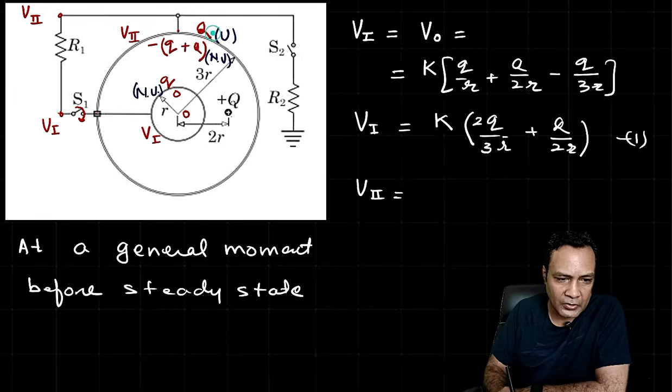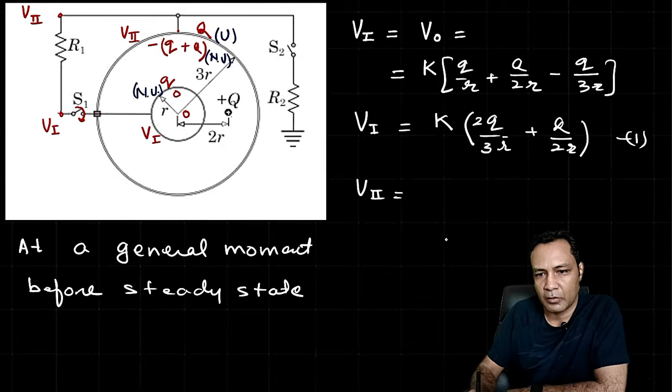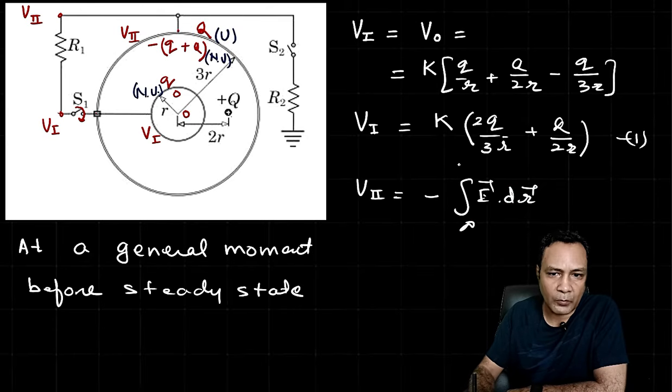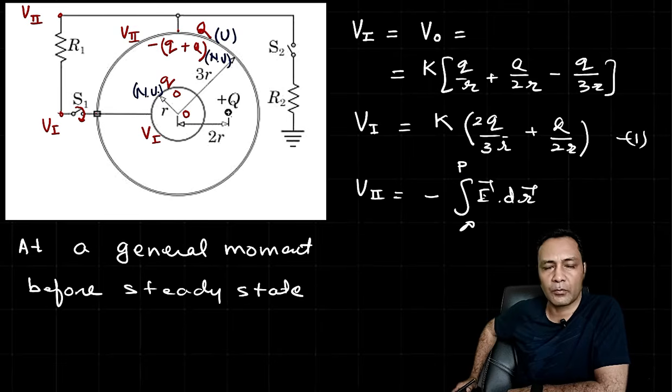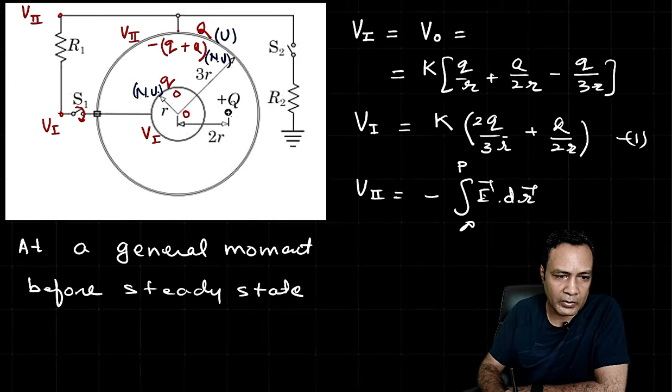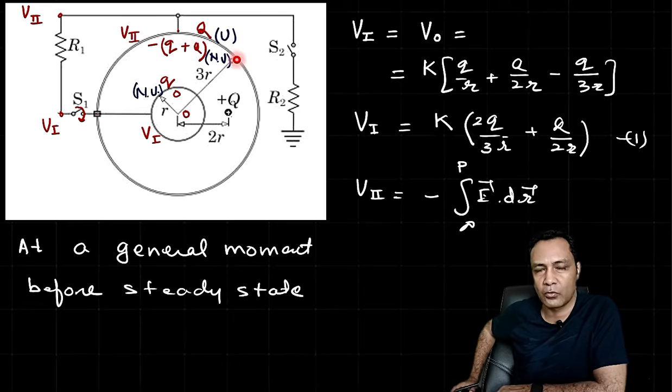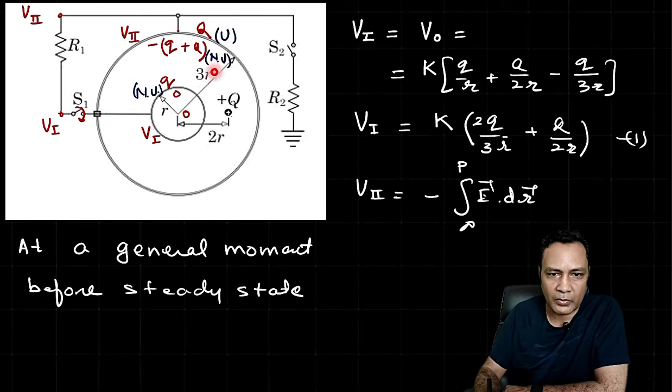See, what is potential at a point? Potential is basically integration of minus E dot dr from infinity to the point where I want to find the potential. So I need the electric field. If I go from here to here, this electric field is complicated. I don't know the electric field, so that way I cannot get potential from here to here.